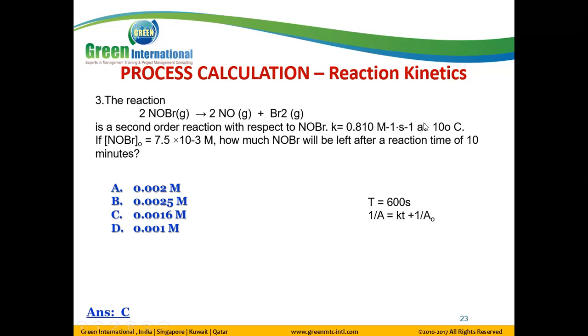So that formula you can use. The 10 minutes you convert into seconds. That's the key thing here. 10 minutes means 600 seconds. So when you substitute, t is 600 seconds, A naught here is 7.5 into 10 power minus 3, K is given as 0.810. Then you can calculate A.